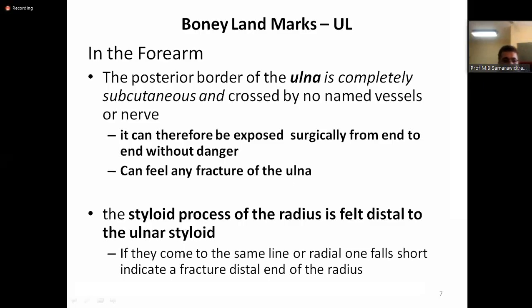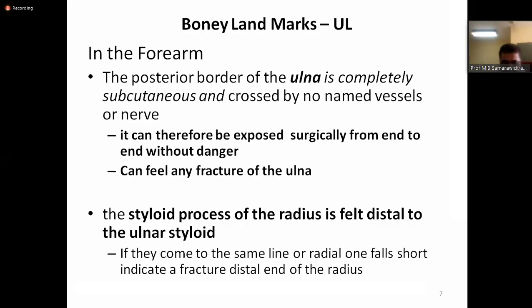This picture summarizes that: you can see the olecranon process, the medial epicondyle, and the lateral epicondyle on the other side forming the triangle. In dislocation, the triangular relationship is distorted, but in a supracondylar fracture it is not distorted.